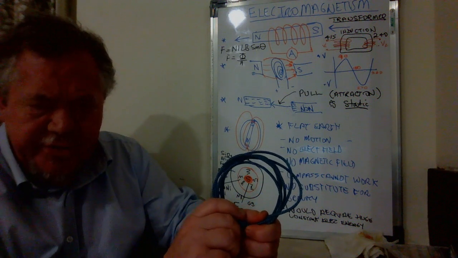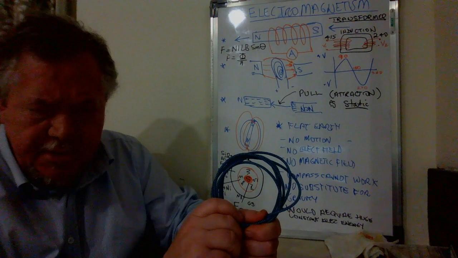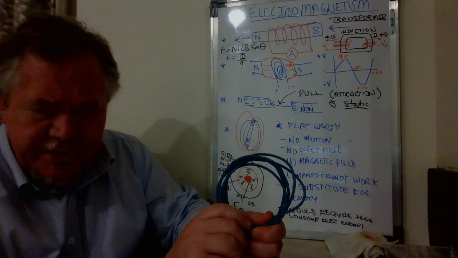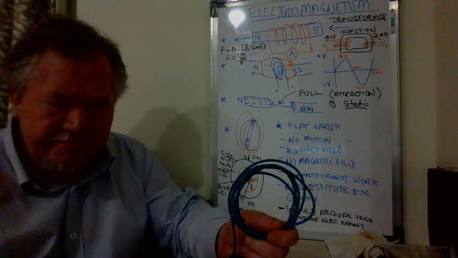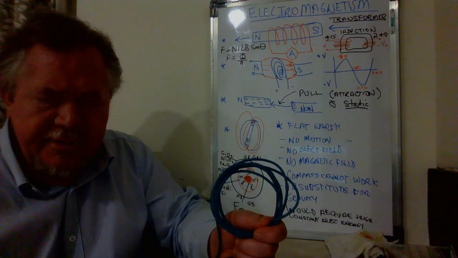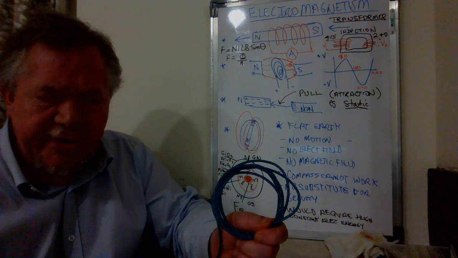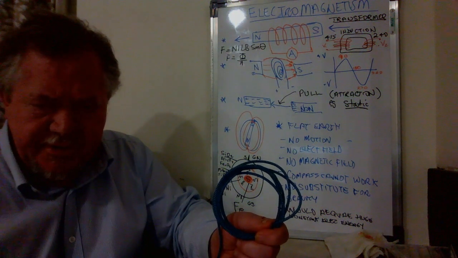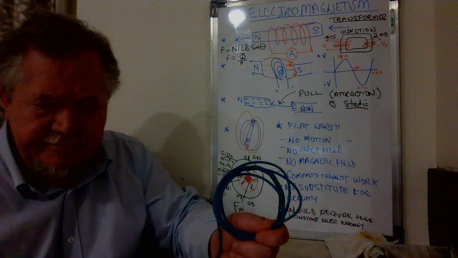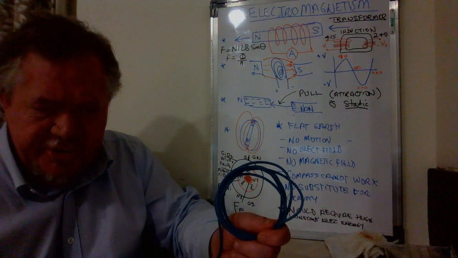That's why you need the wind. That's why you need the steam. That's why you need gravity and all the other different methods of creating movement. Okay, movement costs energy. That's why you have to pay for electricity.